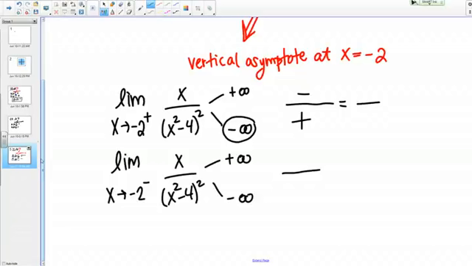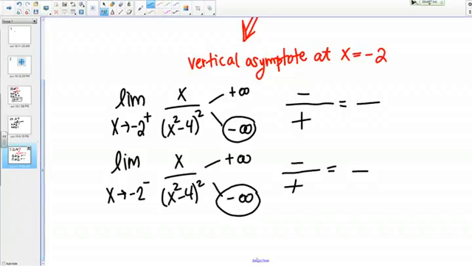Once again, my numerator is going to be negative, and my denominator is going to be positive because it is squared. So this is negative overall again, and I see that I'm approaching negative infinity as I go to negative 2 from the left.